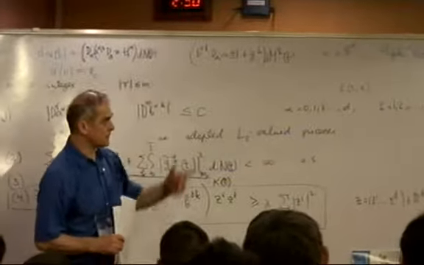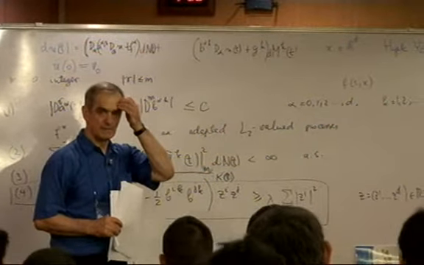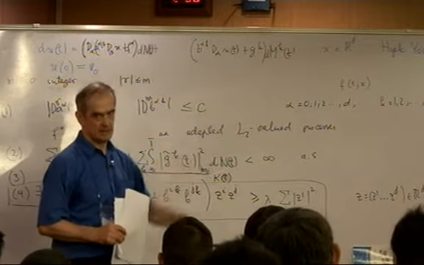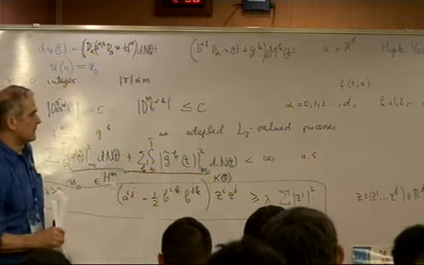And there is a version of Ito's formula with the increasing process NT as well, and then the same results can be obtained with this.